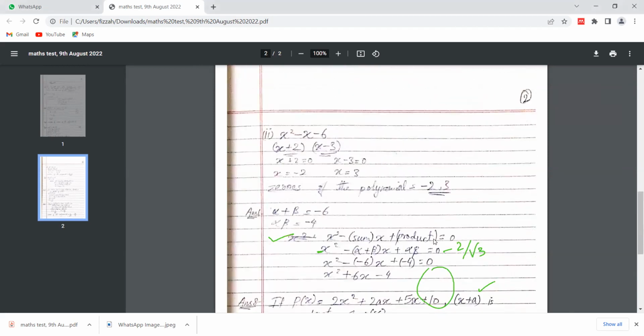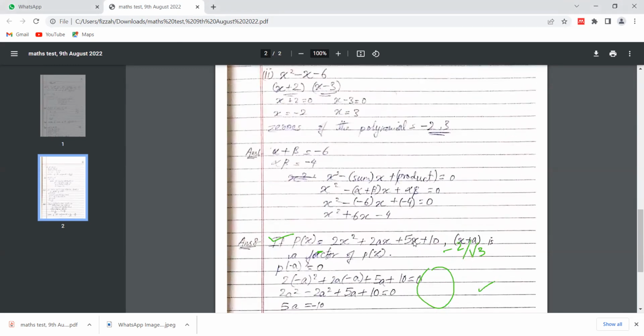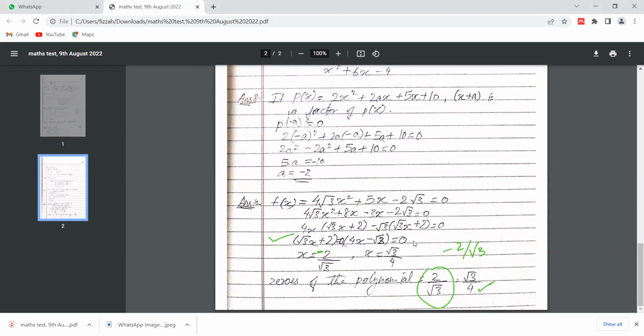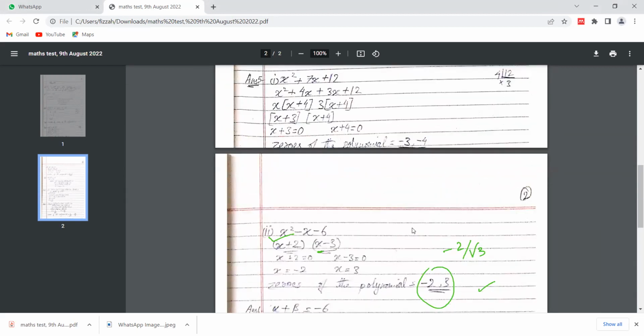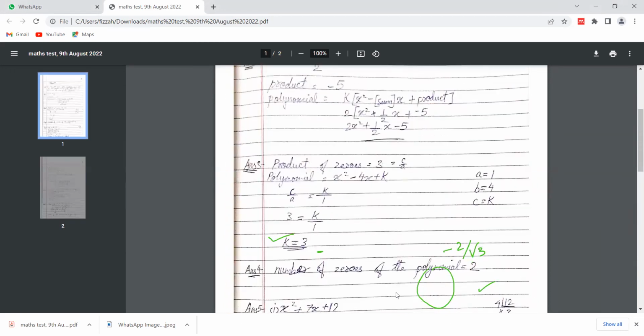So question number 7 you have not done. Hamna, why? 9th also you have not done. 9th and 7th you have not done. Okay, Harsha, let me open yours.